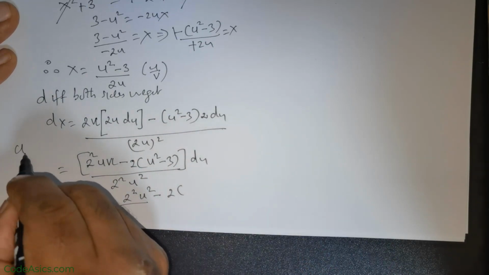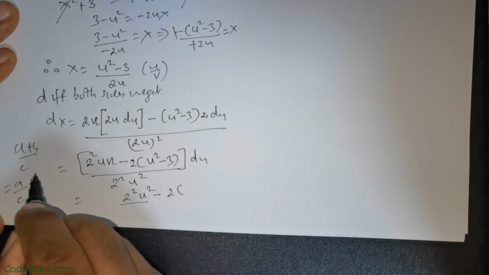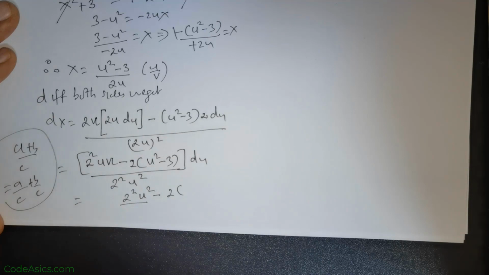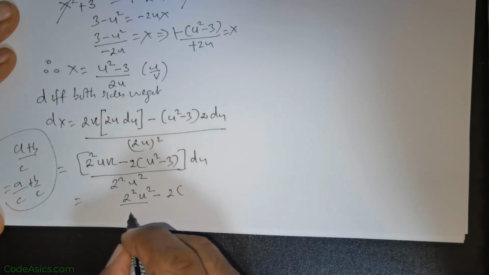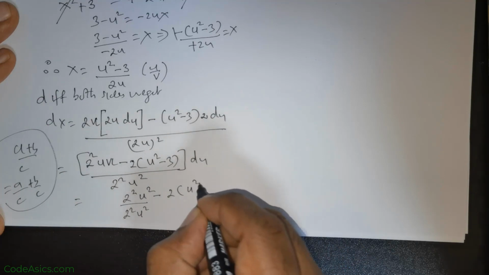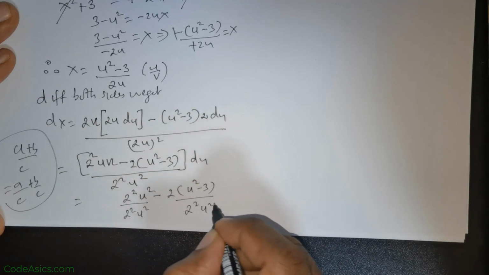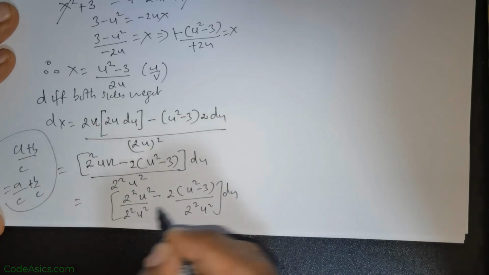If I have a plus b divided by c, I'm going to write it as a over c plus b over c. So this is going to be 2 times u squared divided by 2 squared u squared, minus 2 times u squared minus 3 divided by 2 squared u squared times du.